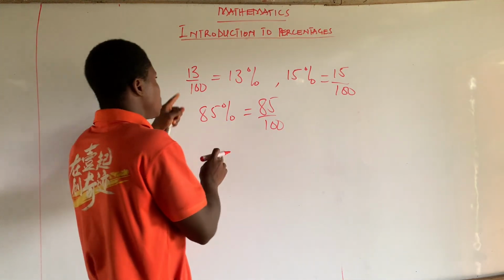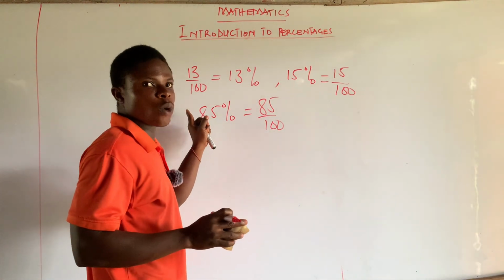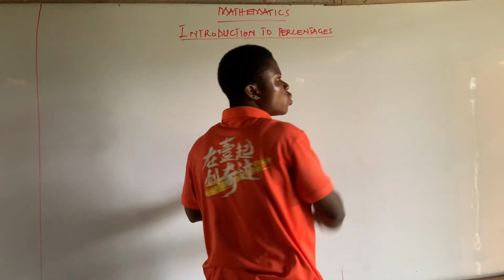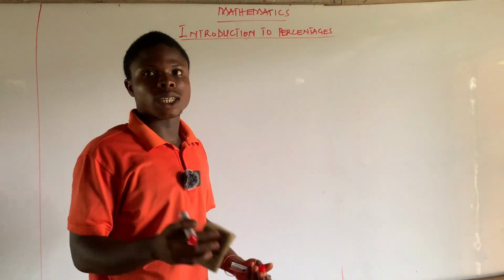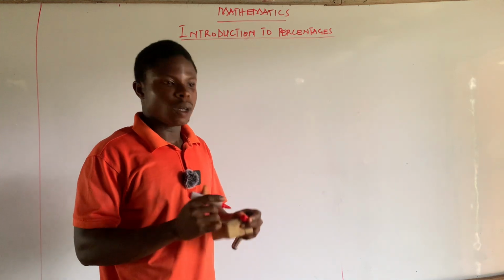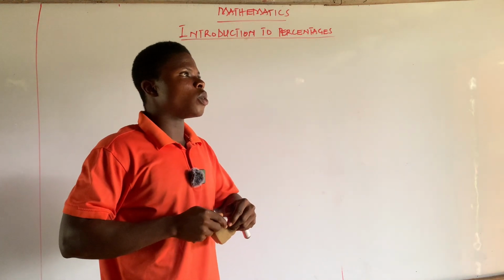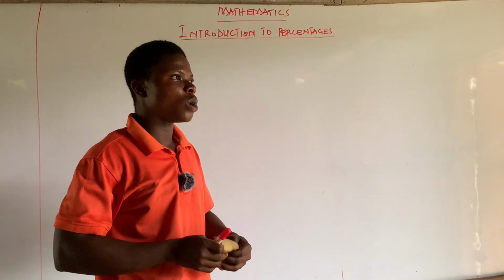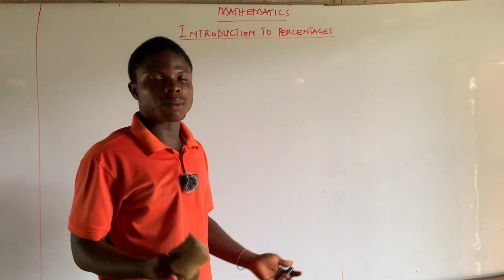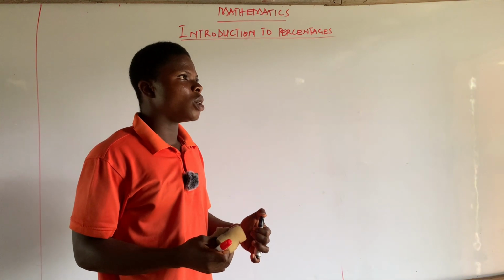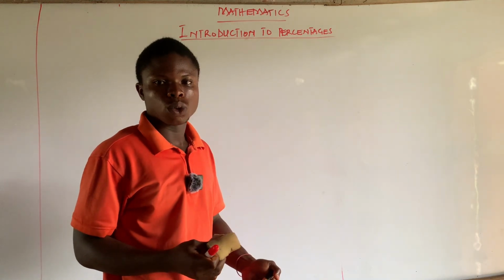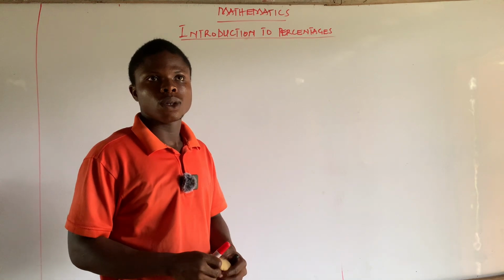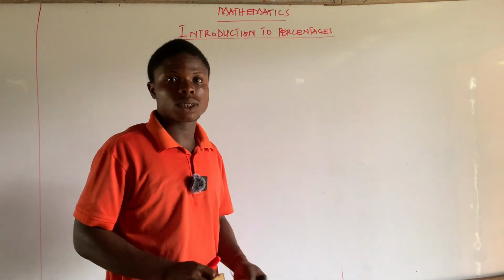So you are expressing a certain value or figure as a fraction of what? 100. As I've given you the example, when you are purchasing a cloth or a book or something else, you want the person to subsidize the price for you, meaning you want a discount.